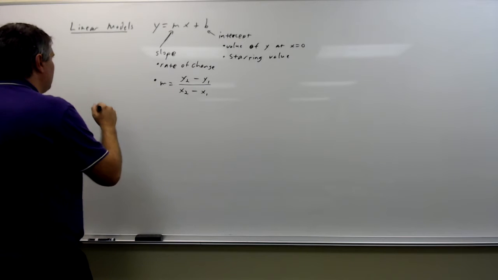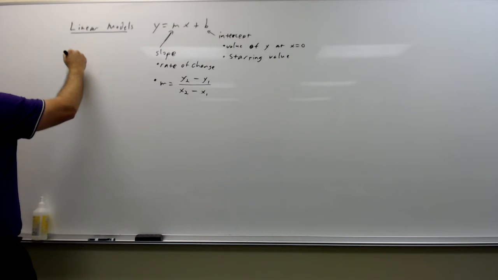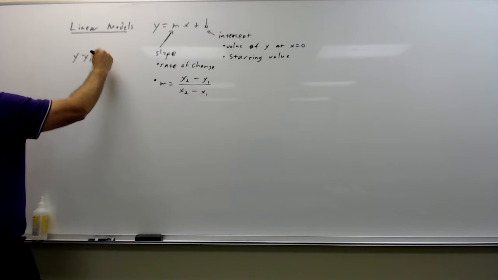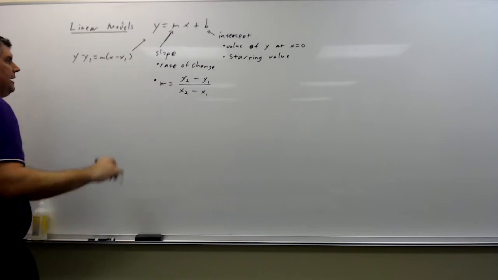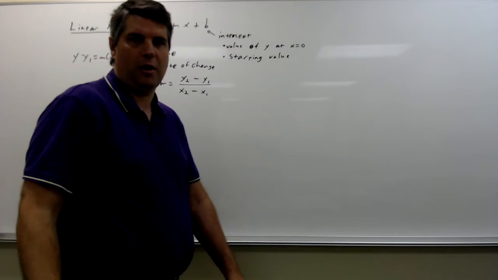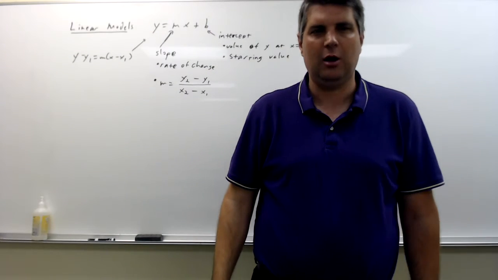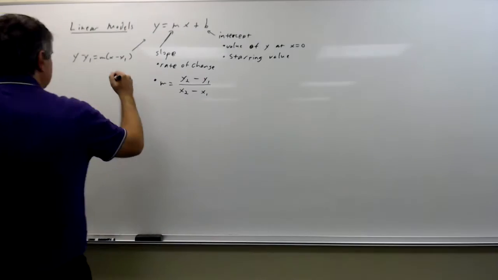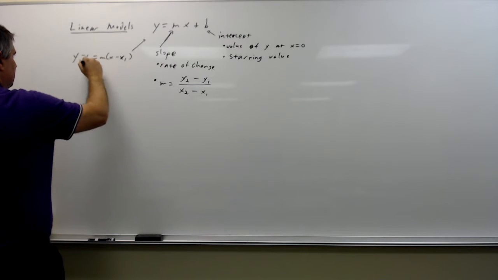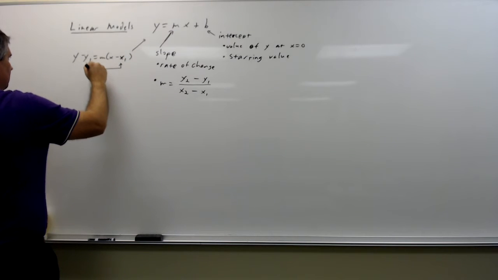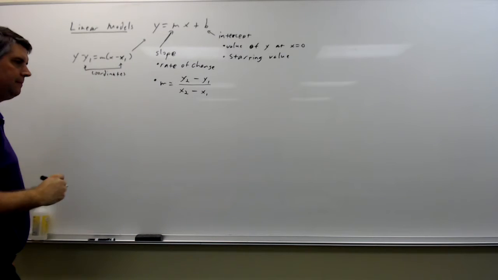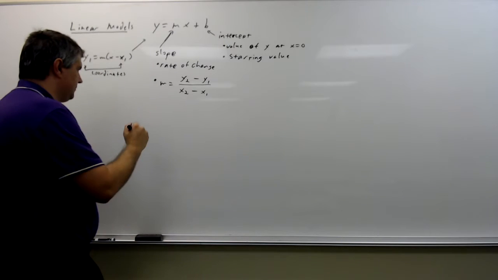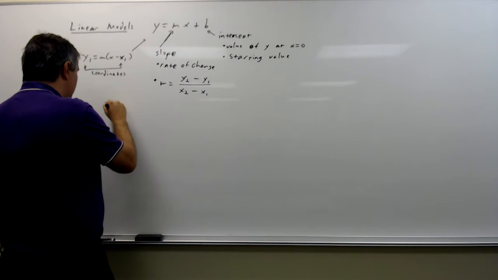So let me give you an illustration. Sometimes y minus y sub 1 equals m times x minus x sub 1 is used as a preliminary to that, where these represent coordinates. So, illustration.